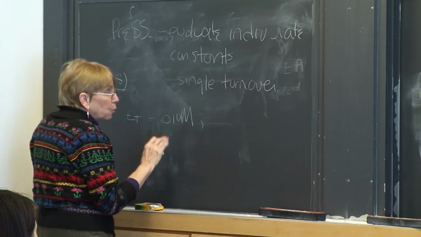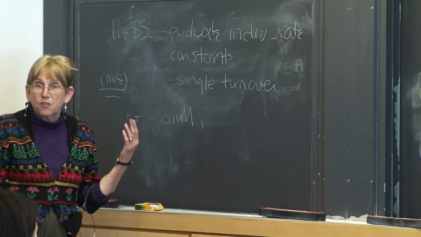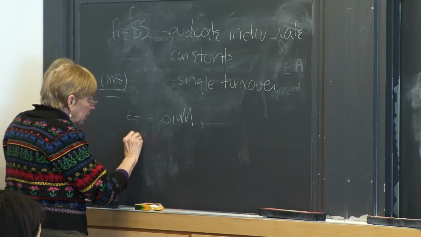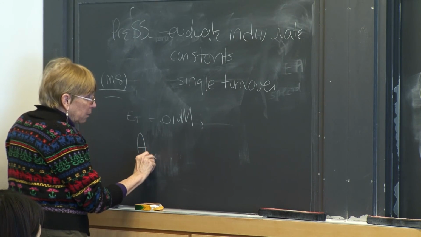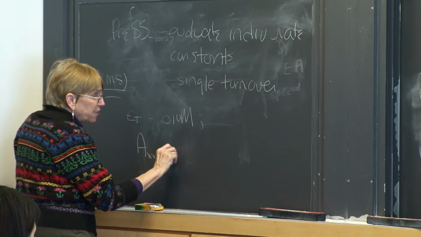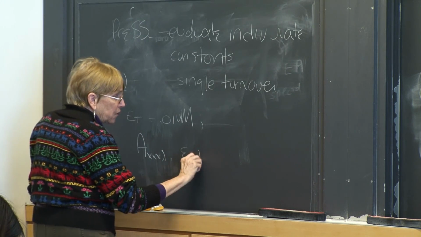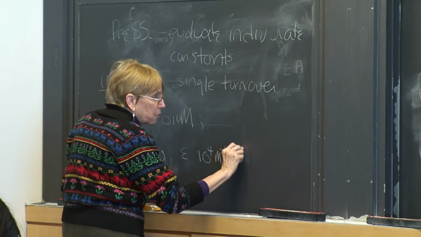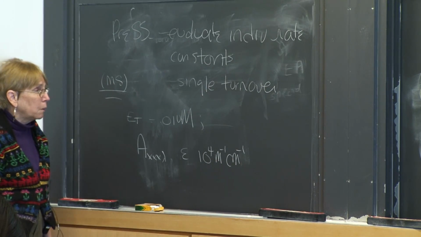And let's say that we're going to monitor this reaction by some kind of absorption change, a unique absorption change. So we're looking at absorption at some wavelength, okay? And let's say the extinction coefficient for this is 10 to the 4th per molar per centimeter. So it would be like ATP or CoA.